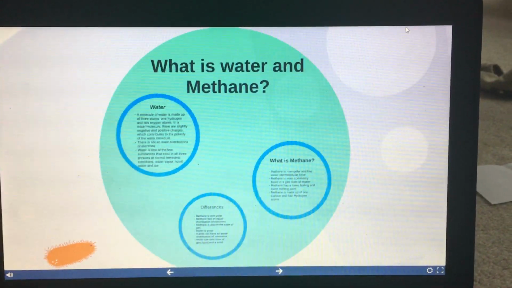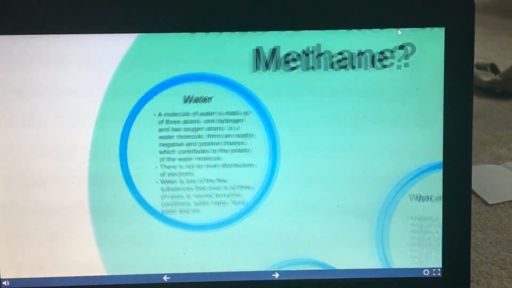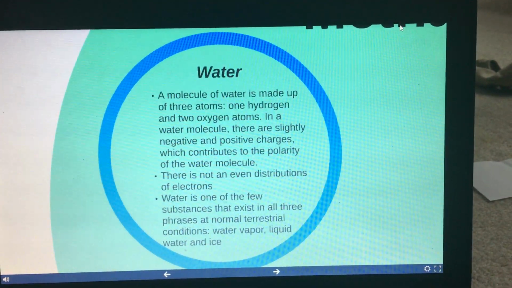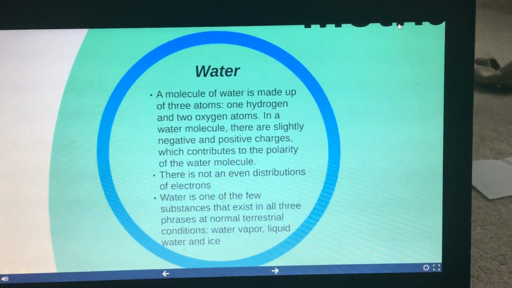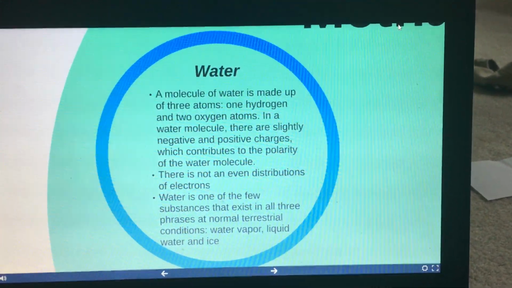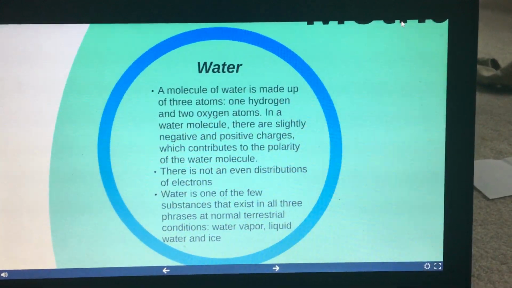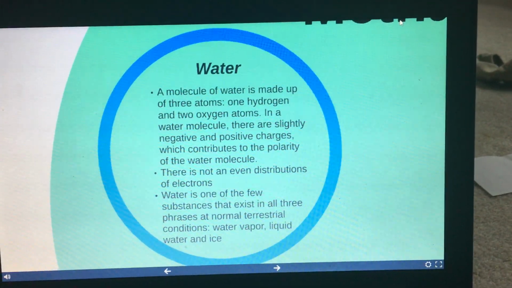What is water and methane? Water is a molecule made up of 3 atoms, 1 oxygen and 2 hydrogen atoms. In a water molecule, there are slightly negative and positive charges, which contributes to the polarity of the water molecule.